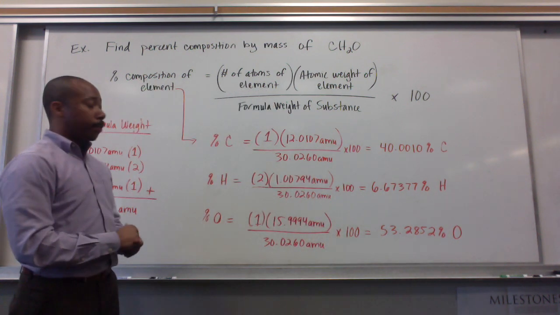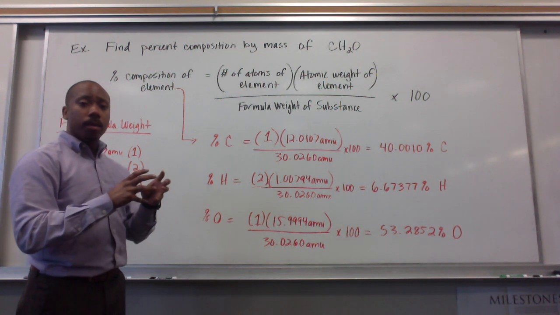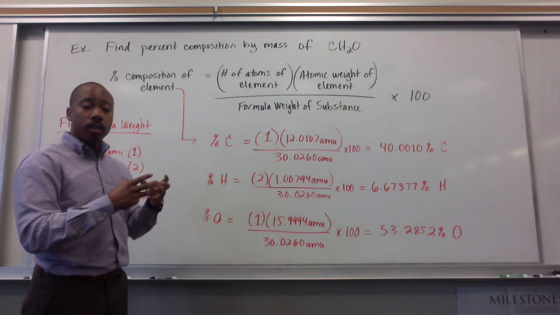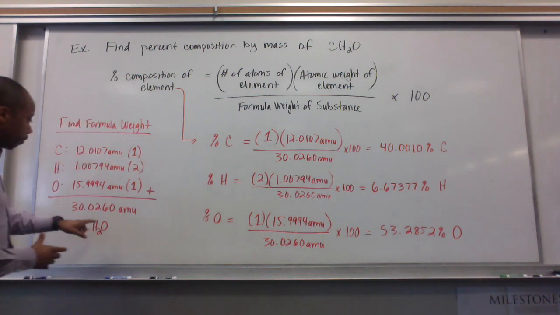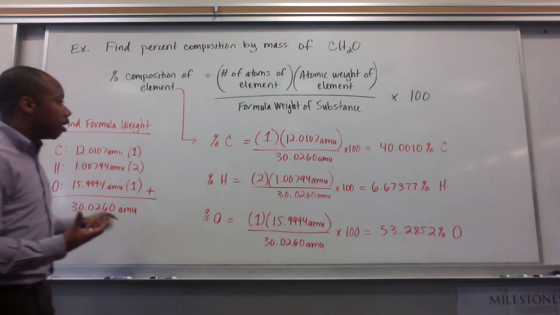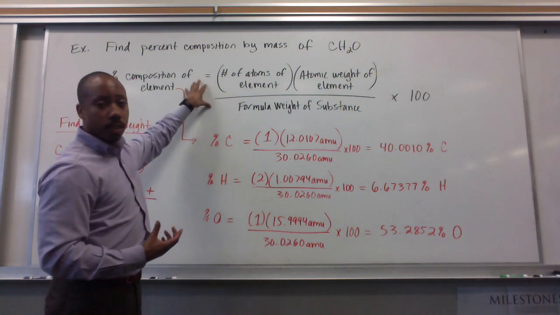So to find the percent composition of each element, meaning how much mass does carbon contribute to the entire mass of my compound? That's the problem. Now, I do that by following this formula.